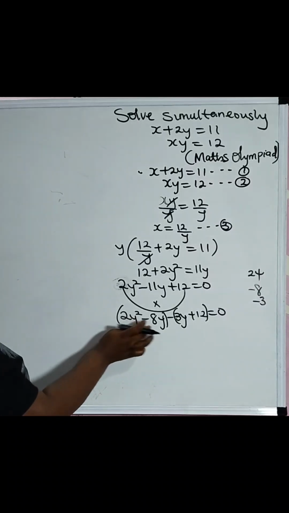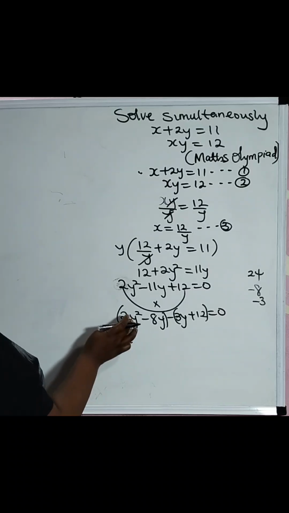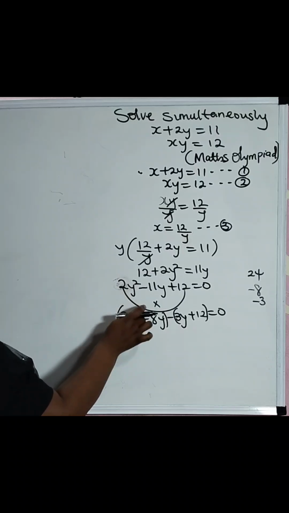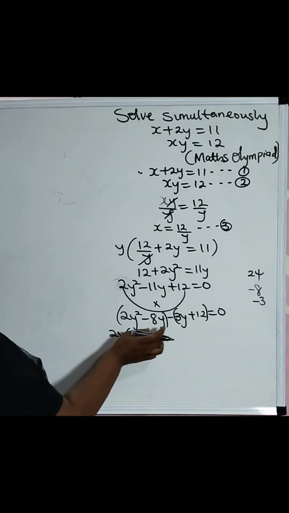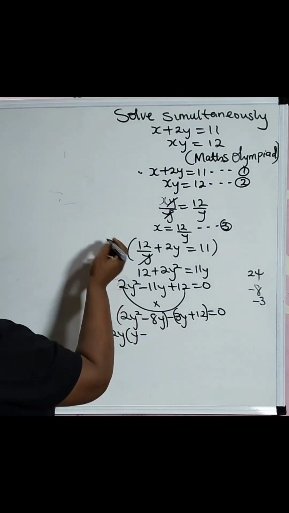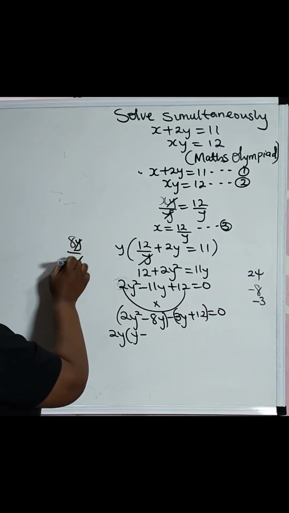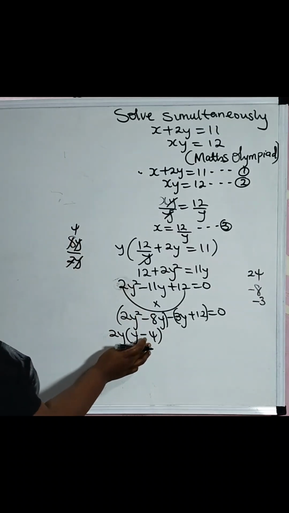What is common here? 2y is common. We factor 2y out. 2y into this, we remove 2 and we remove 1y. So we are left with y. Minus 2y into 8y, that is 8y over 2y, this cancels, we have 4. So we have y minus 4 here.